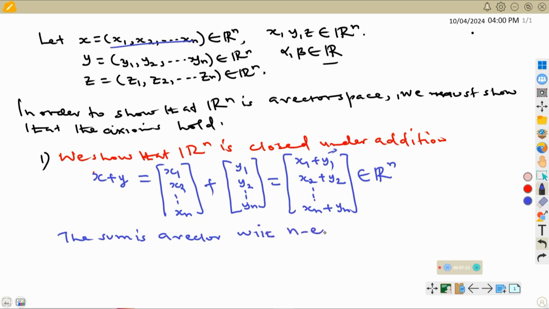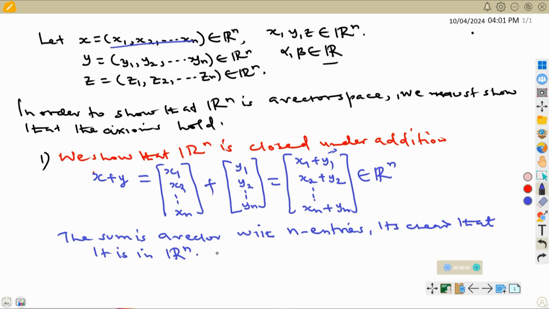We can easily see that this sum here has got n entries. That is x1 plus y1, x2 plus y2, up to xn plus yn. Has got n entries, and that is clear. It is therefore clear that it is in R to power n because there are n entries there.